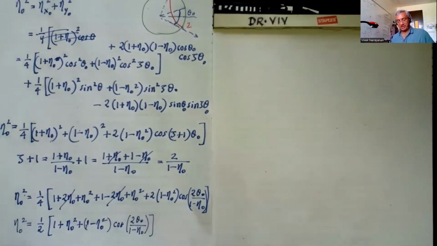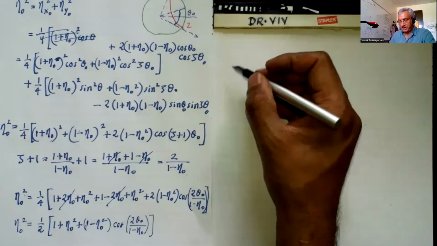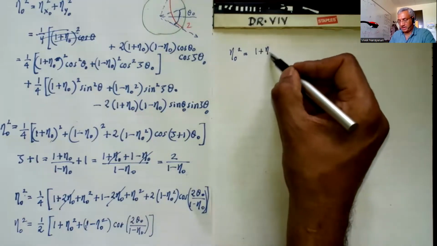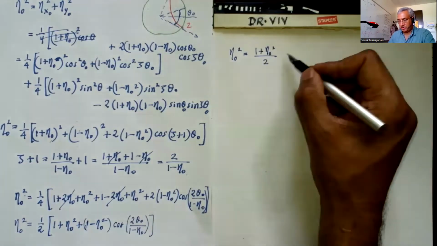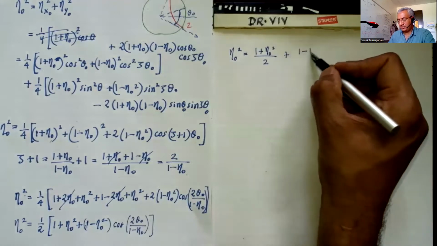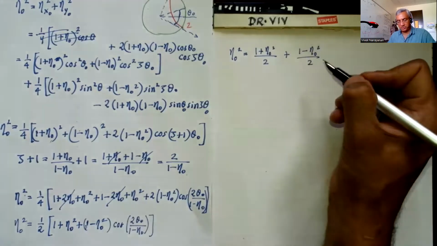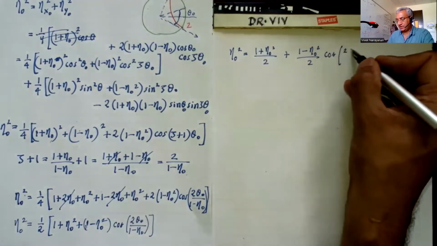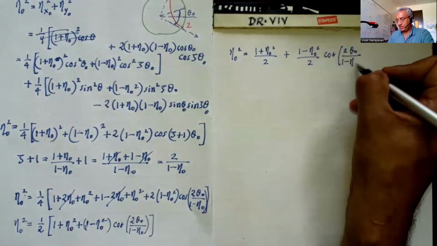It's a fake transcendental equation. I'll tell you why. So this is eta naught squared equals (1 plus eta naught squared) over 2 plus (1 minus eta naught squared) over 2, I'm taking the 2 inside, times cosine of 2 theta naught over 1 minus eta naught.